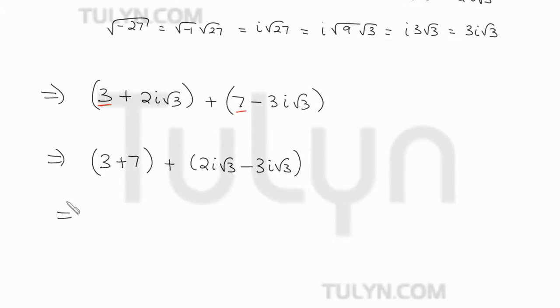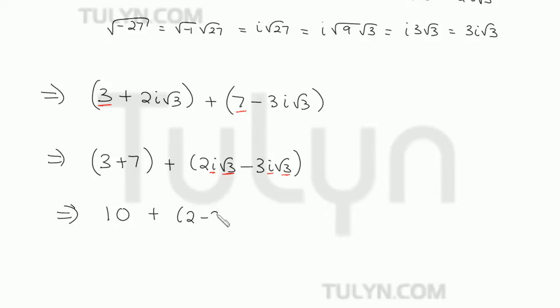So now 3 plus 7 is equal to 10. And then from here, we can actually factor out an i and a square root of 3, right? Since that's what these two terms have in common. So what's left over when I take out an i and a square root of 3 here is 2.